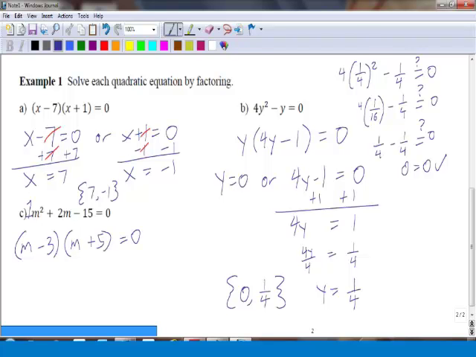So by inspection, we should be able to write down the solution set. Should we just write down the solution set here? What are the solutions? So these are the ones. Officially, we're supposed to say m minus 3 equals 0, or m plus 5 equals 0. That's the zero product property.